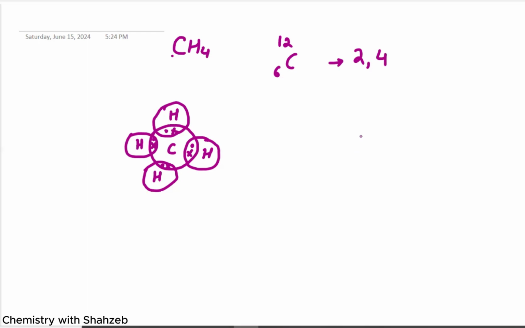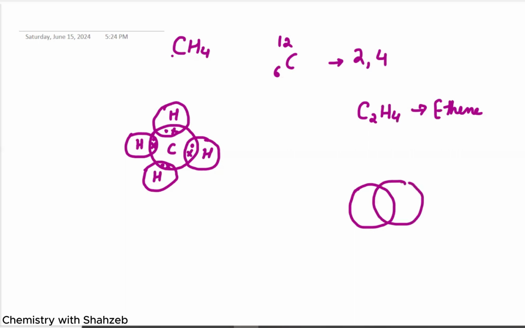Now let's discuss one more structure, which is of ethene. You can see that there are 2 carbons and 4 hydrogens. A bond is developed between the 2 carbons like this, and 2 hydrogens would come on each side like this.